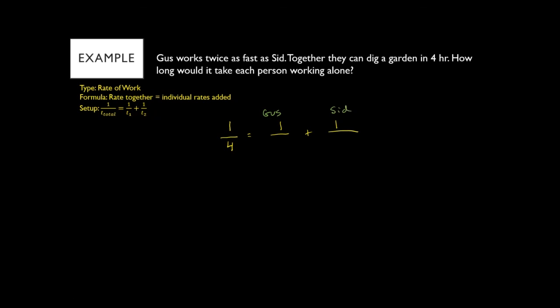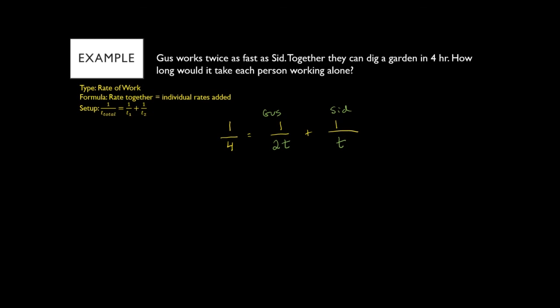Gus is twice as fast as Sid, so if Sid is some unknown t, Gus is going to be 2t because it's twice as fast. So that's how you would set this one up, and together it takes 4 hours.